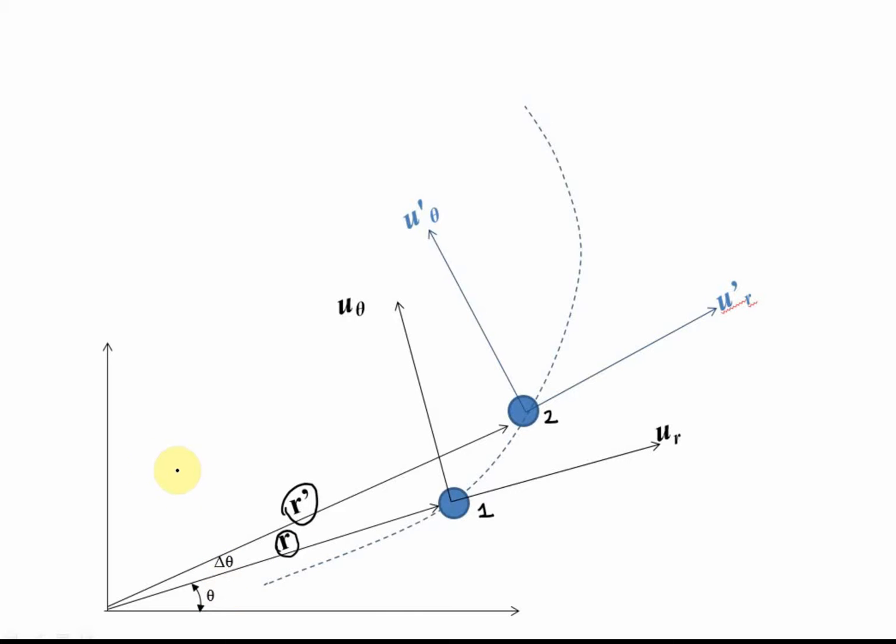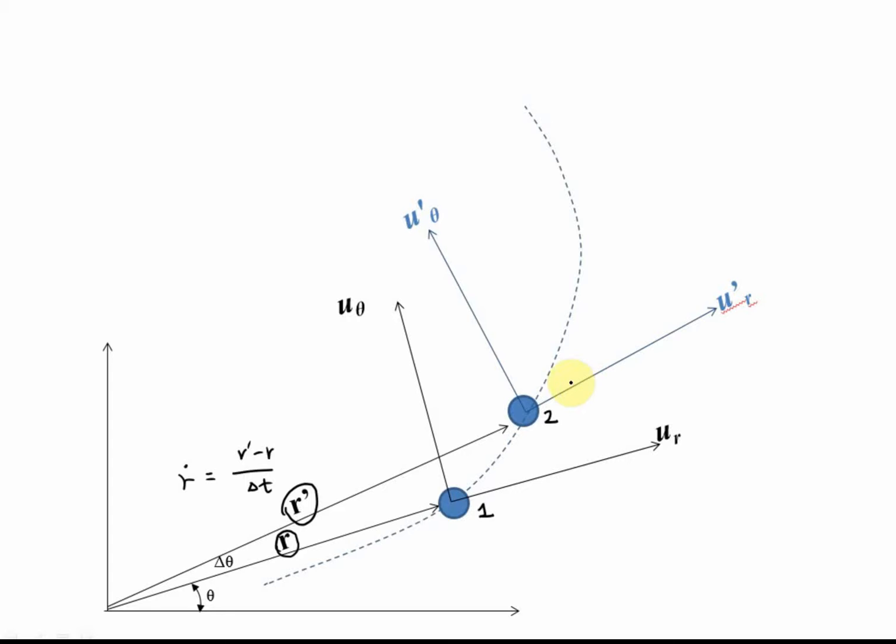Okay, so in this one, r dot is r prime minus r over delta t. That's the r dot. But anyway, I just want you to look at u theta, which is still kind of changed when this particle moved.